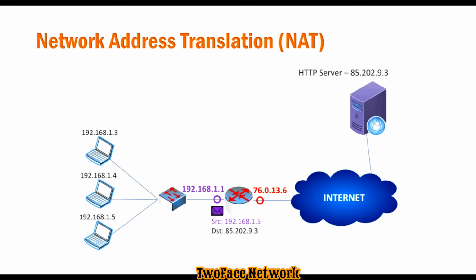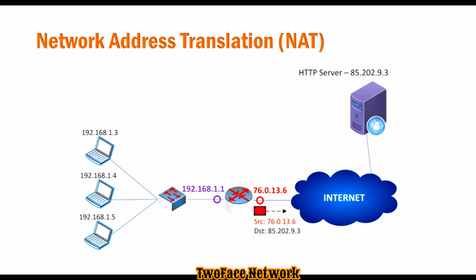And then when this packet reaches the LAN interface on the router, the IP parameters are still the same. They only change when this packet reaches the WAN, or the outside facing interface of the router. So the source IP address changes from the private IP address to the public IP address.